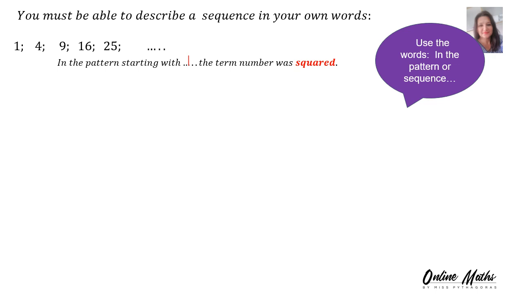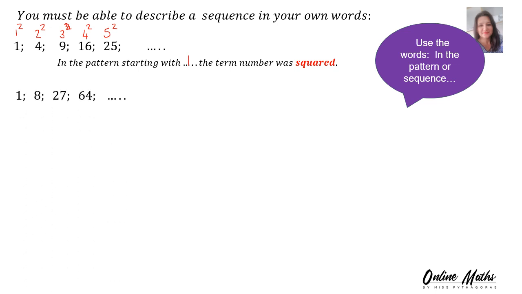So where do you find the term number? There's the term number 1, term 2, term 3, term 4, term 5. So the term number 1 squared is 1, 2 squared is 4, 3 squared is 9, 4 squared is 16, 5 squared is 25.